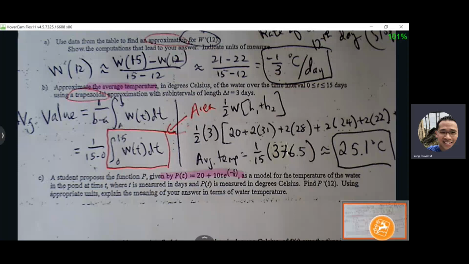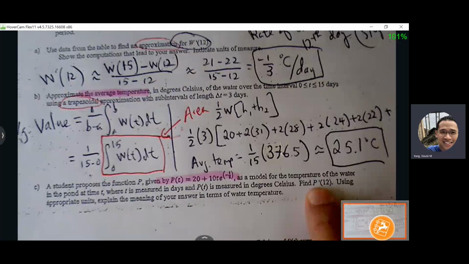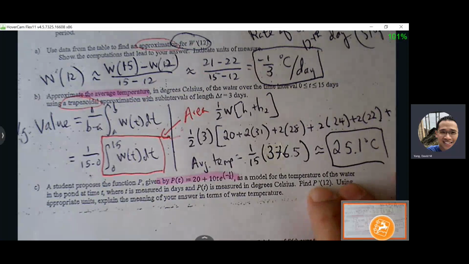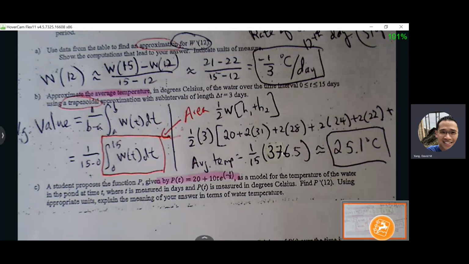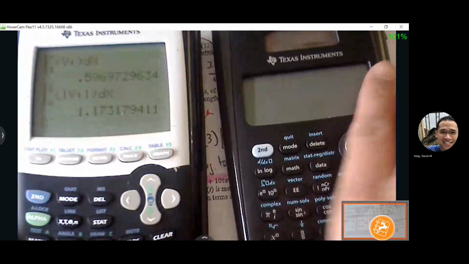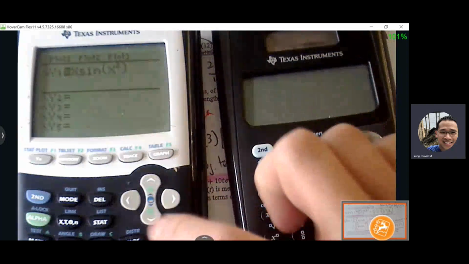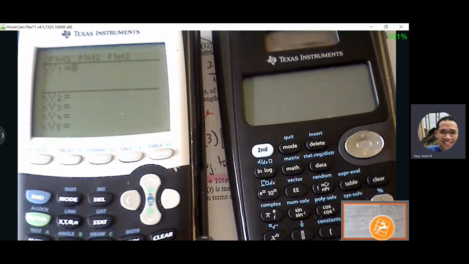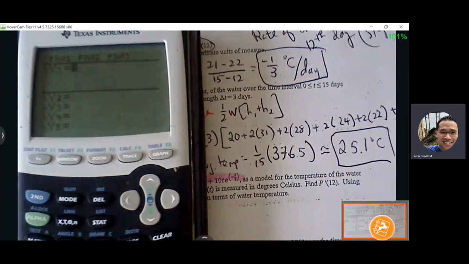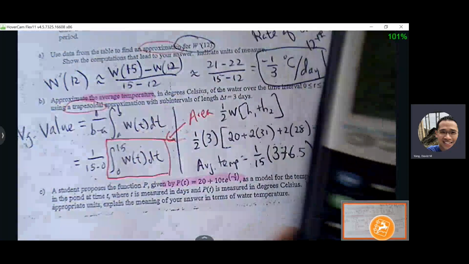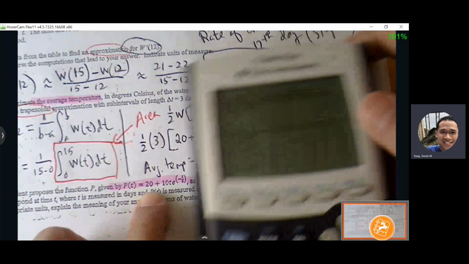So in your calculator, P prime of 12. I'm going to find the derivative. I'm going to enter the function under y1. Again, which variable do we always use in the calculator? Always use x, even if they're giving you a different variable on paper.